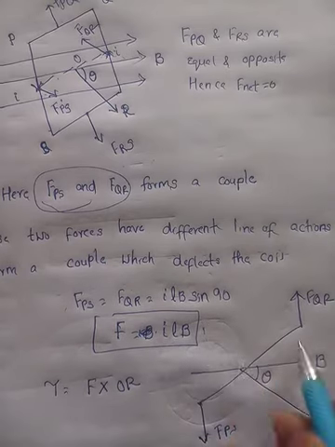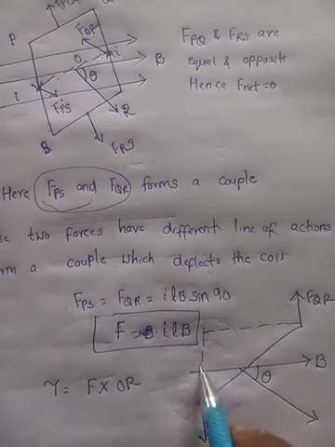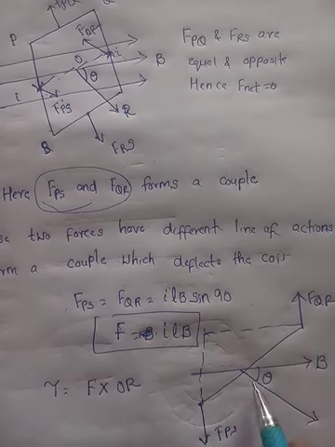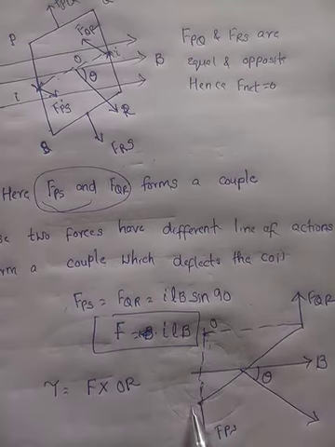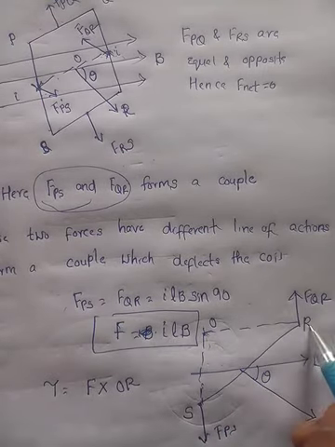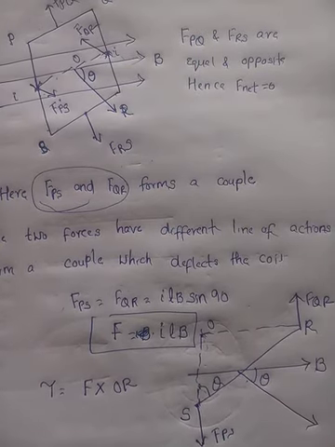If you join these two, it forms one triangle. This is theta, assume this is O, this is S, this is R, this is theta, this is also theta.